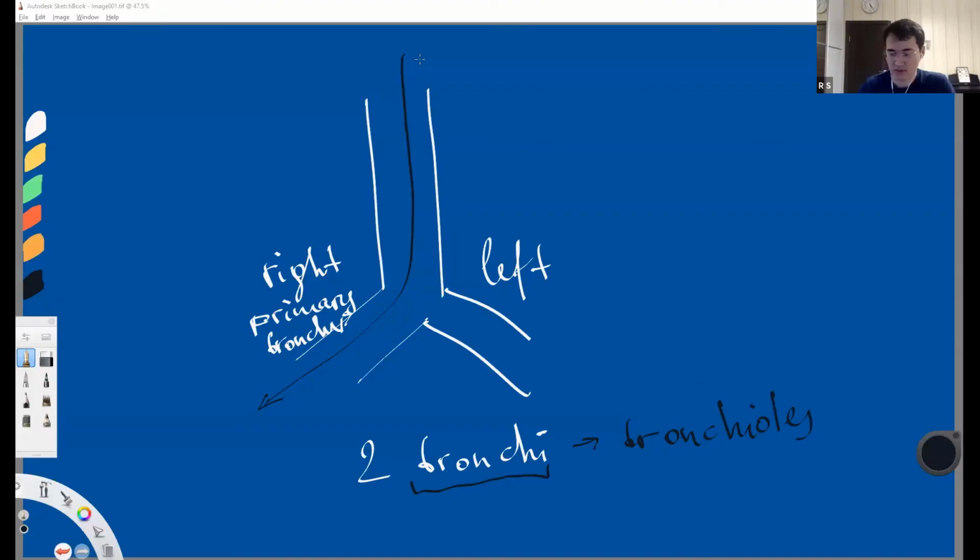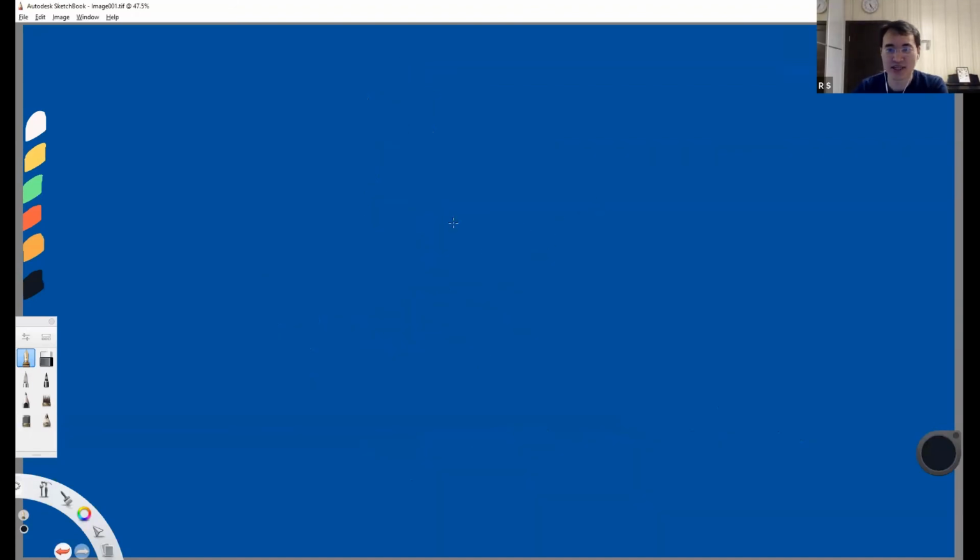The suffocation, yes, it's almost the same, but the good thing is that with the youngest children, they have the larynx. Again, let's say this is the palatinum.